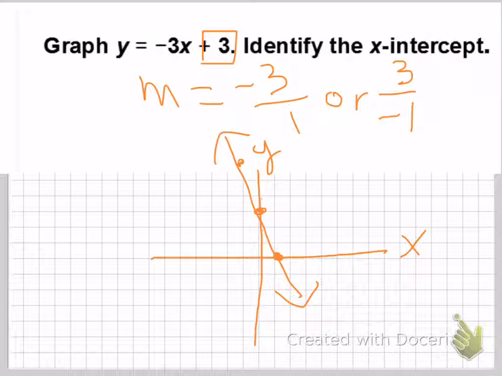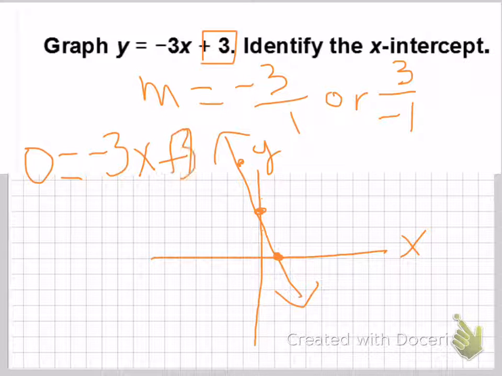Now it says to identify the x-intercept. So where does the line hit the x-axis? So we could put a 0 in for y, and we can solve the equation. Or we could just look at our graph.